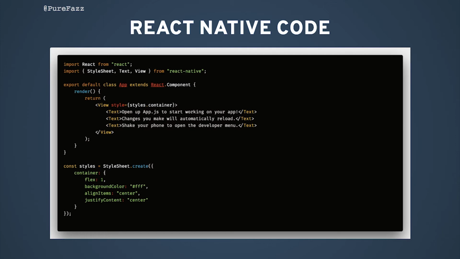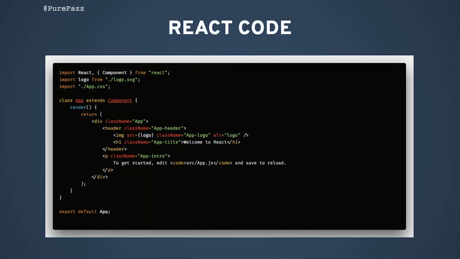You use the StyleSheet API from React Native. It gives you a few more performance improvements than just doing an inline style, but you can do an inline style. So that's React Native.